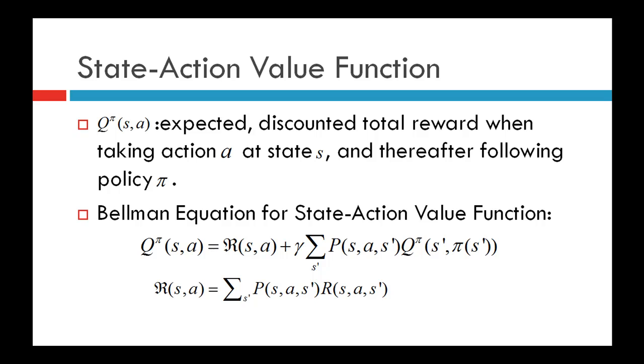Now suppose there are two possible next states, s'_1 with probability 0.4 and s'_2 with probability 0.6. Then this is given as R_a(s, s'_1) times 0.4 plus R_a(s, s'_2) times 0.6, which is the expected reward. So r(s, a) is the expected reward.